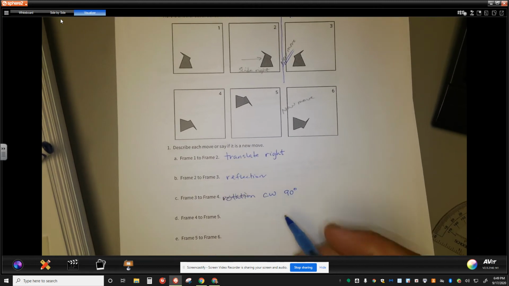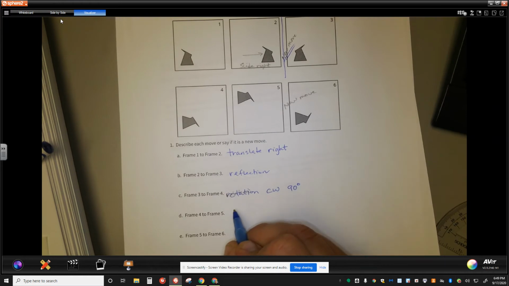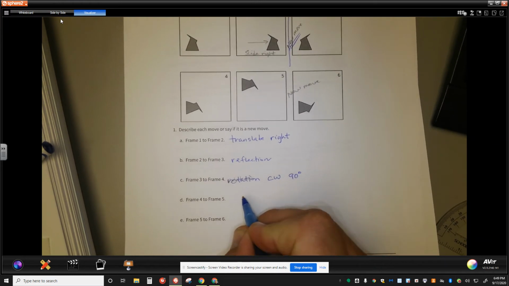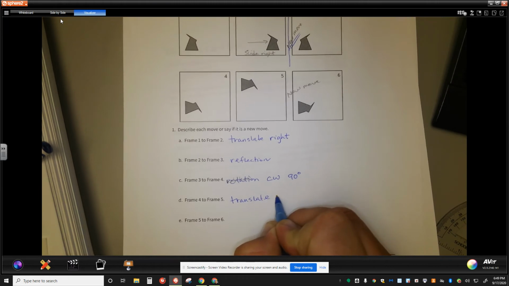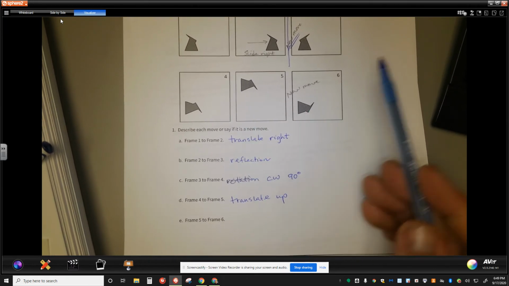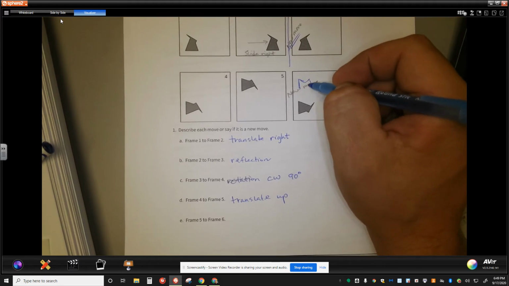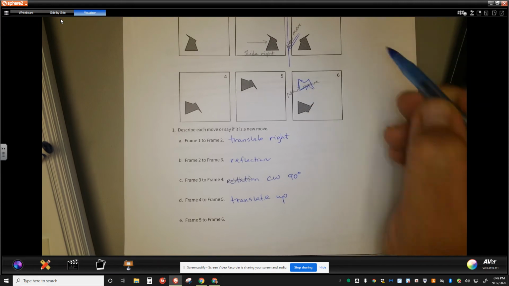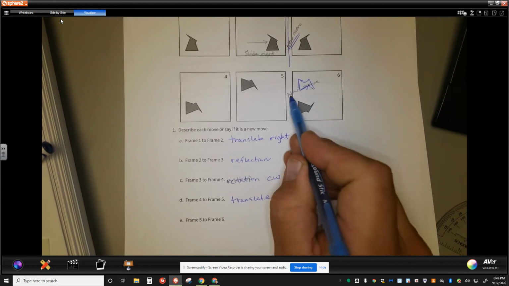From 4 to 5, we see that the figure went from right here and just moved up. Instead of saying moving up, we say translate up. And then the final thing, we saw that move again. If that figure is right here, crude little sketch, we see that new move, we learned that as a reflection.